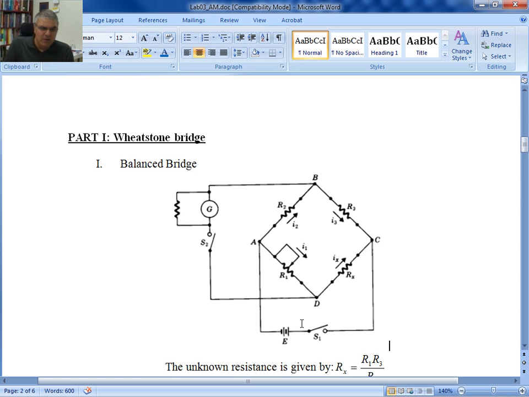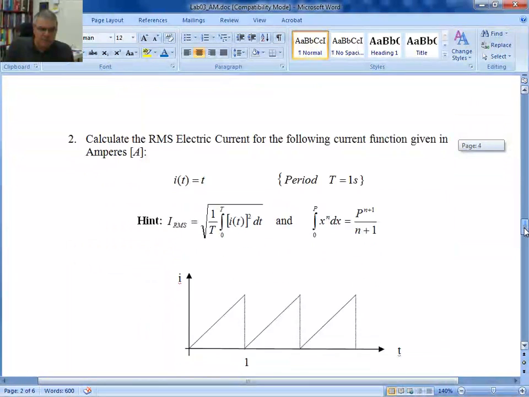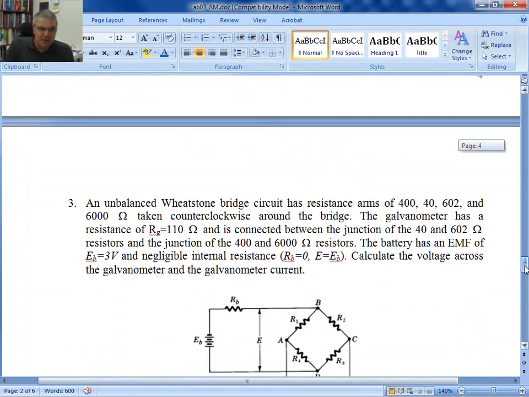There are two switches here. The meter is shown here as G. There is a resistor for the balance bridge that goes across the meter itself. So going back to the problem itself, the resistance of the arms are given, and the galvanometer has a resistance of R sub G. Again, R sub G down here is also given.